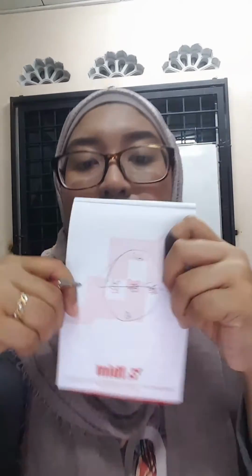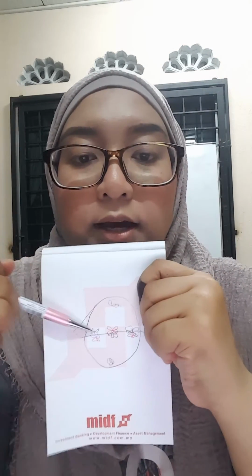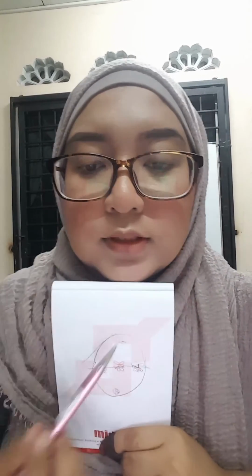You need to draw them horizontally. If the centrioles are at the top and here, and if you draw the centrioles here, you can draw this vertically. So now I'm drawing the centrioles at the top and at the bottom. So you need to draw this chromosome horizontally. If you notice, I arranged them: red one at the bottom, one at the top, one at the bottom.